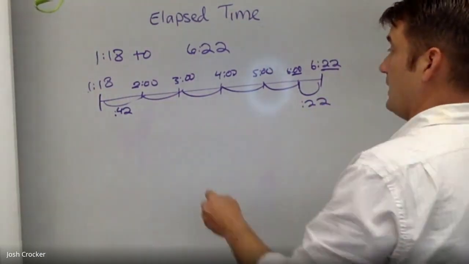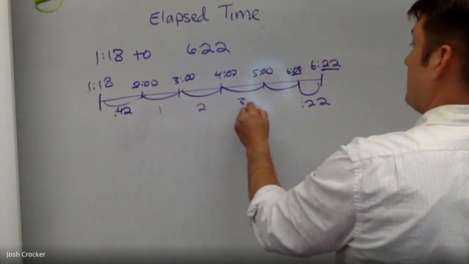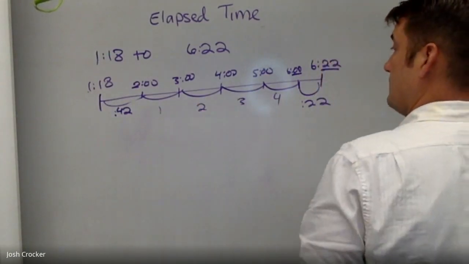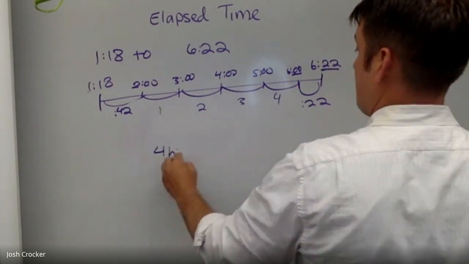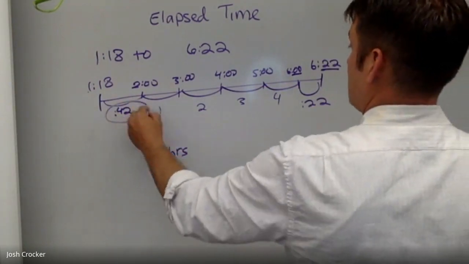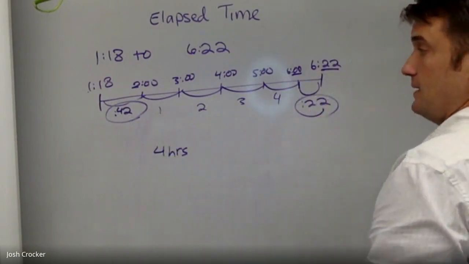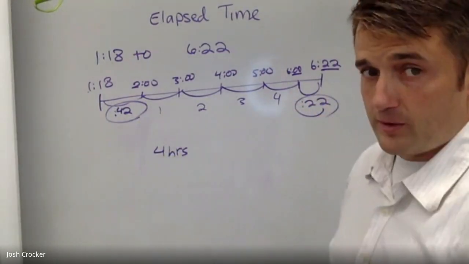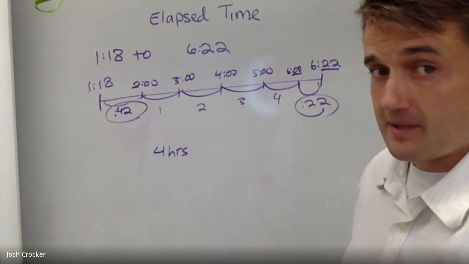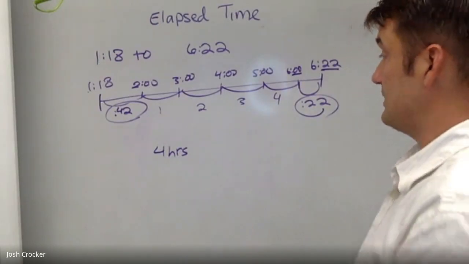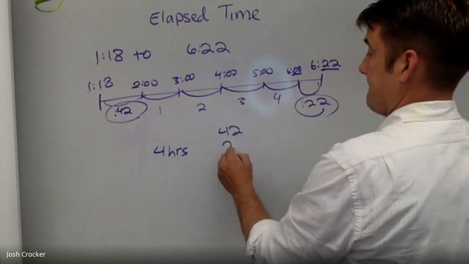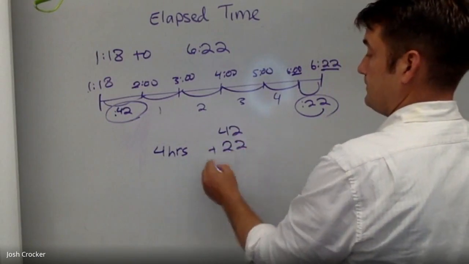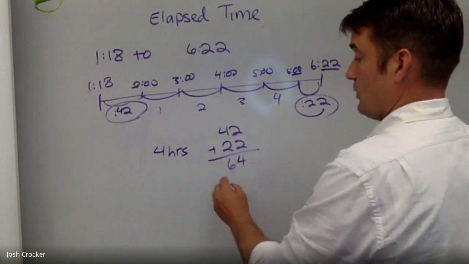So I've got 1, 2, 3, 4 hours. But then I've got these things that I need to deal with. Okay? And 42 and 22 comes out to more than an hour. So 42 and 22 is 64 minutes.